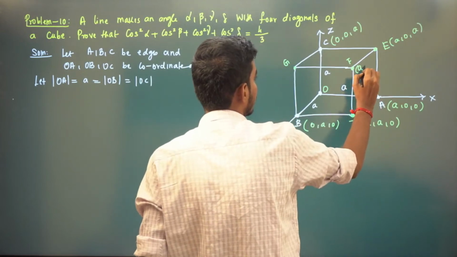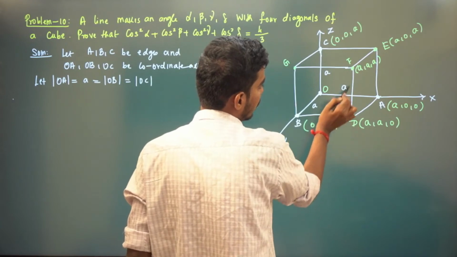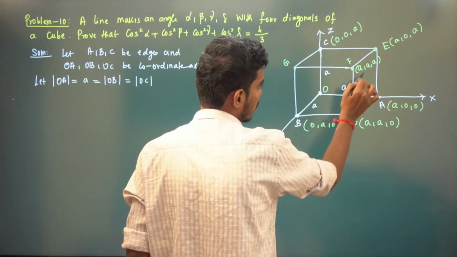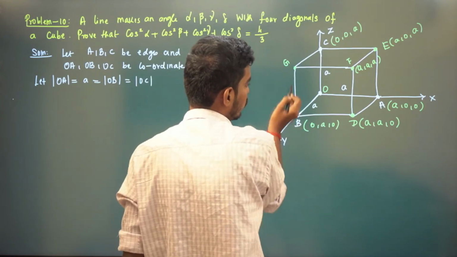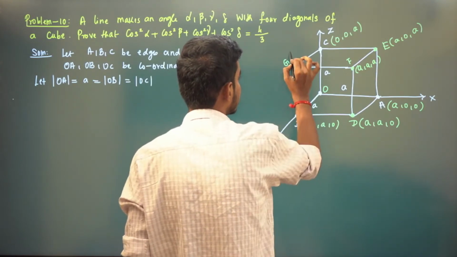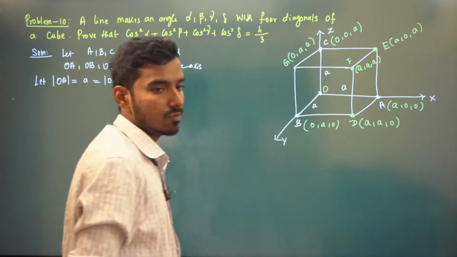This point will be a, a, a, since already at a, a, 0 we move a units in the Z axis. Already at 0, a, 0, we move a units in the Z axis, so 0, a, a. So instead of a, b, c, here we have a.